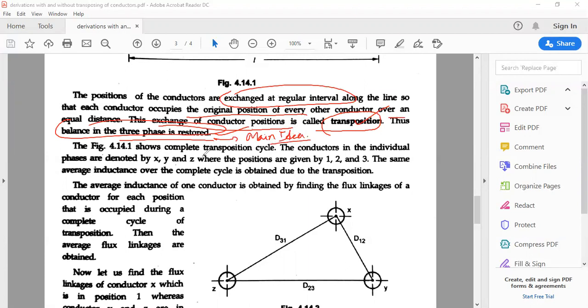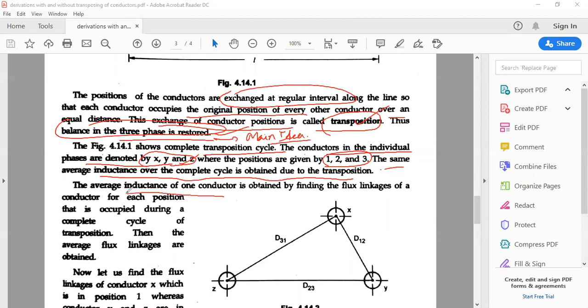Now it shows a complete transposition cycle in the figure I just showed you. The conductors in the individual phases are denoted as XYZ, so in case of ABC or RYB, we can have the notation XYZ, and the positions are 1, 2, and 3. The same average inductance over one complete cycle is obtained due to transposition.